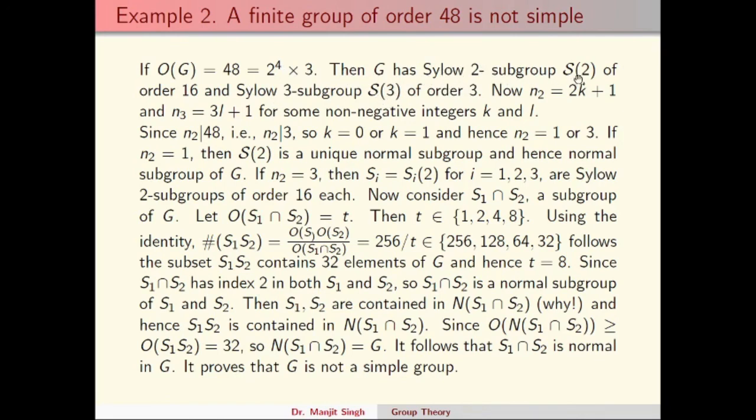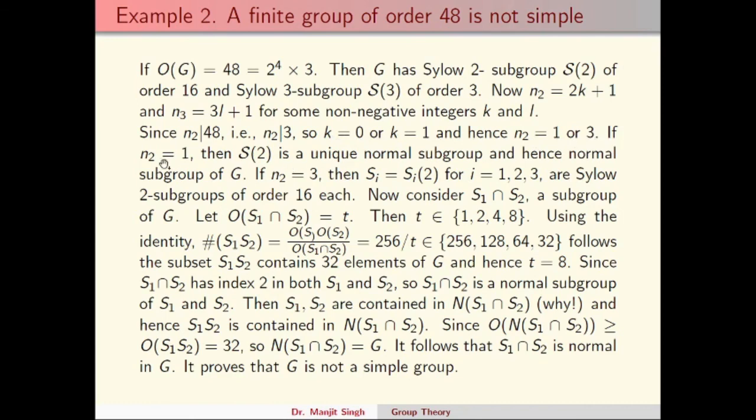A Sylow 2 subgroup will be of order 16, and the number of Sylow 2 subgroups will be of the type 2k plus 1, where 2k plus 1 divides 48. Since 2k plus 1 is coprime with 16, 2k plus 1 divides 3, and then k can be taken as 0 or 1. So the number of Sylow 2 subgroups will be either 1 or 3.